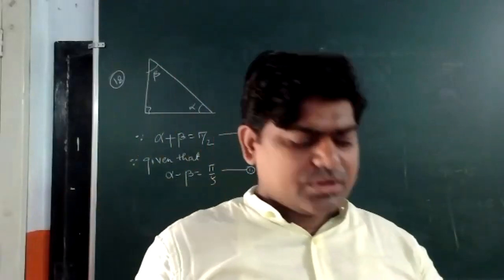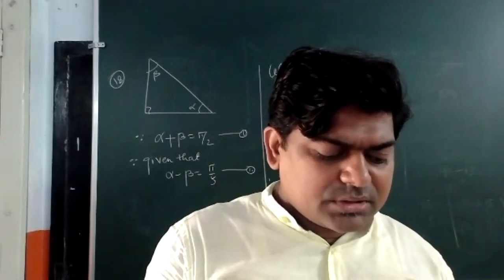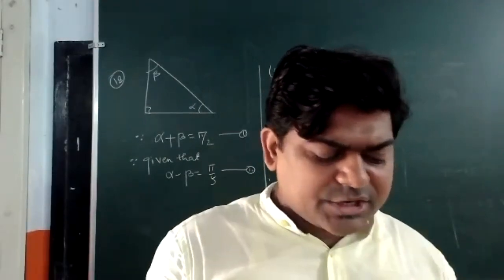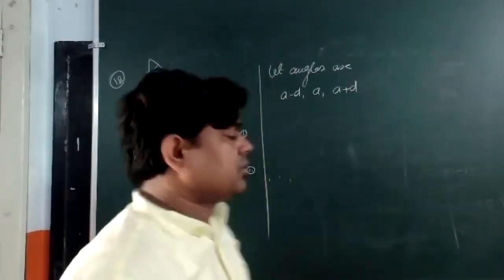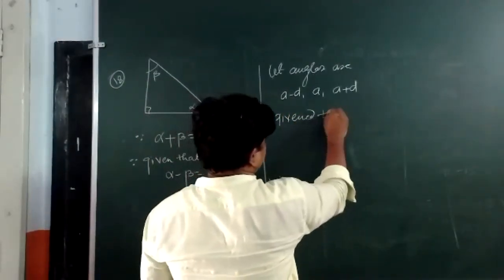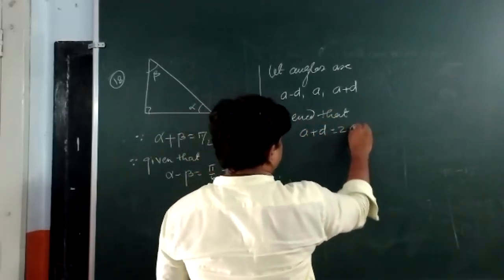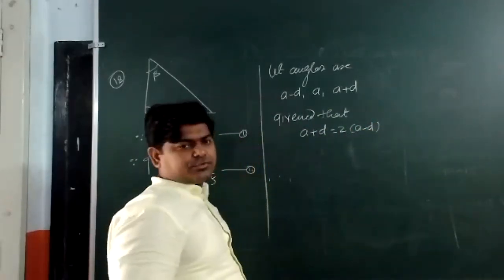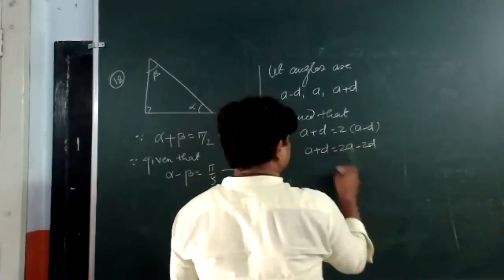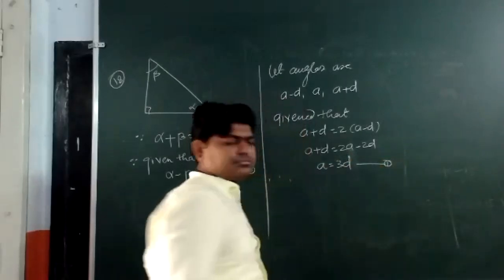The first part of the question is that the greatest angle is double the least angle. Given that the greatest angle A plus D is equal to 2 times A minus D. When I simplify, I get A plus D is equal to 2A minus 2D. Then A is equal to 3D. I am having it as equation number 1.